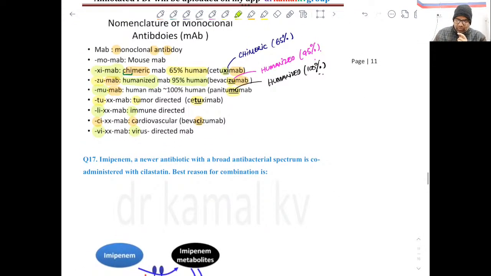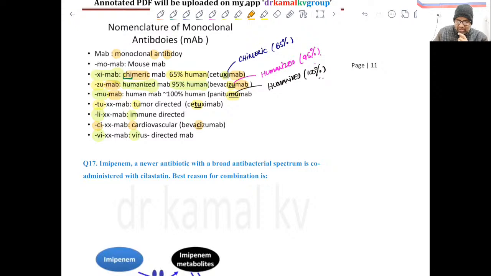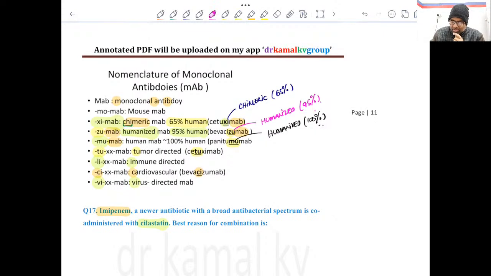Then moving forward to another drug combination, imipenem plus cilastatin. Now imipenem has a broad antibacterial spectrum. Why do we add cilastatin? Because imipenem is already producing a good response. But the problem is that there is one enzyme in the kidney known as dihydropeptidase.